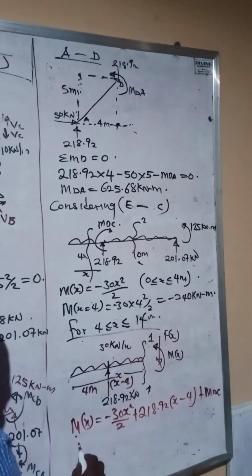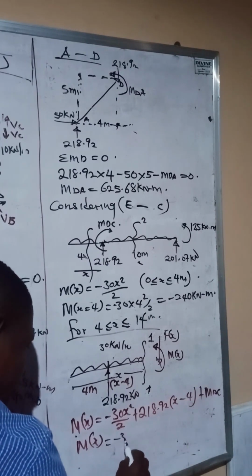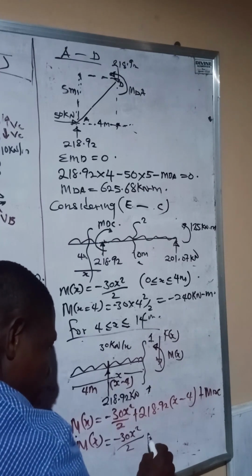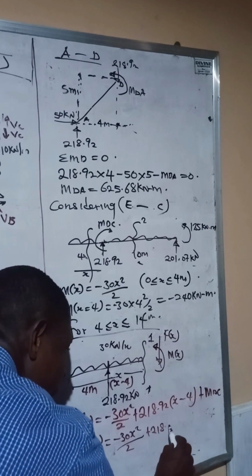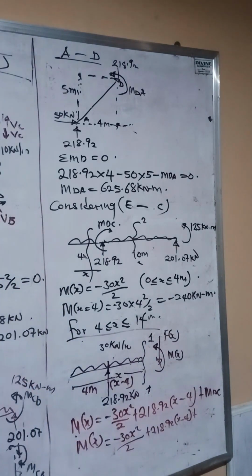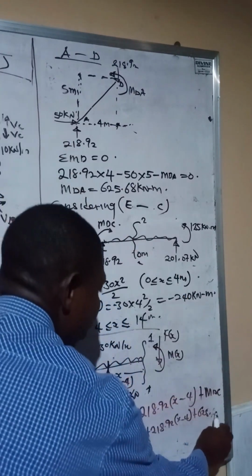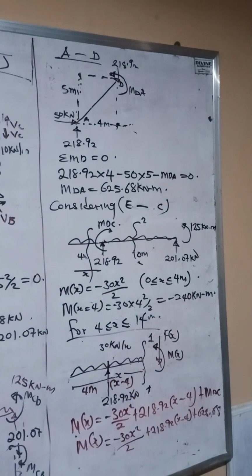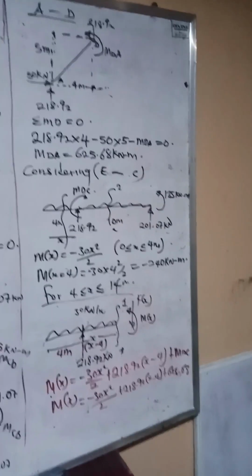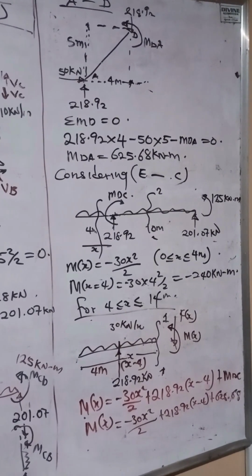So m of x is equal to minus 30x squared over 2 plus 218.92 times (x minus 4) plus MDC, which is the same as our MdA here, so we have it as 625.68.